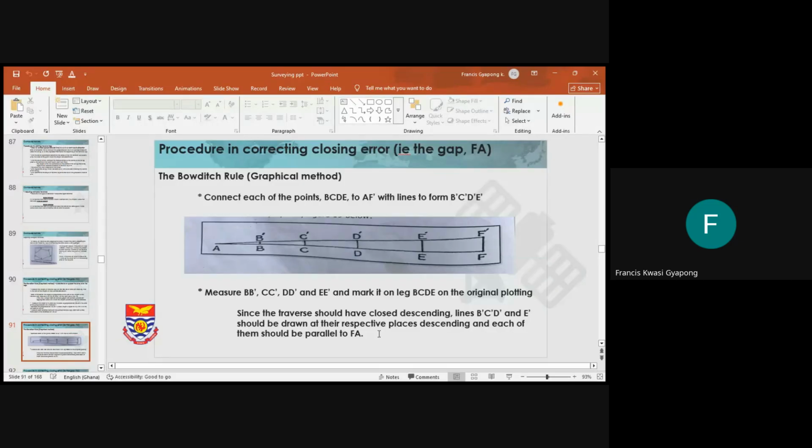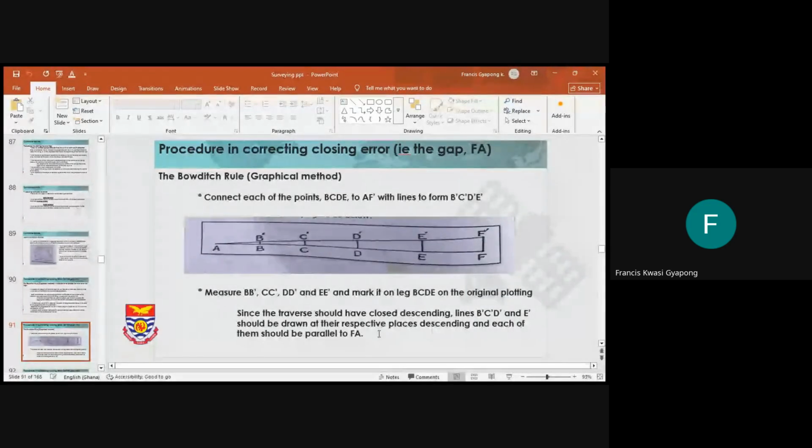That is the horizontal line. And then you heard I said that you have to measure the gap, the error of closure. You measure it with your ruler and get the figure. It is that figure that is used to draw the perpendicular line at F prime and F. You use the gap there.